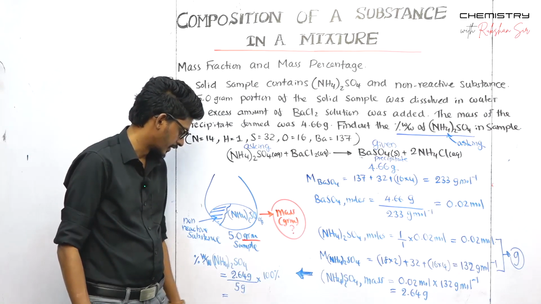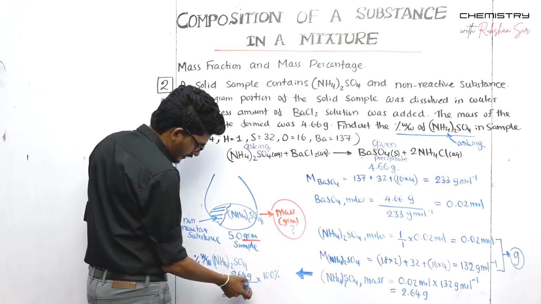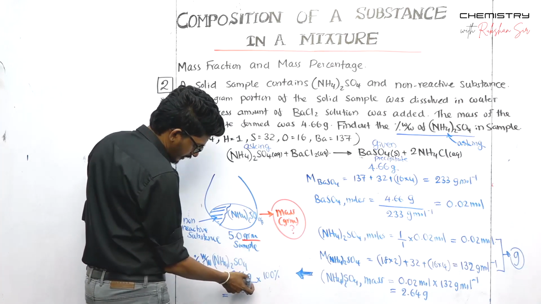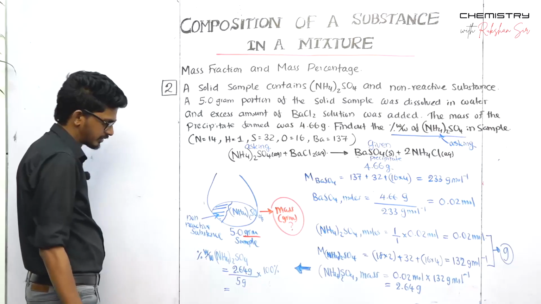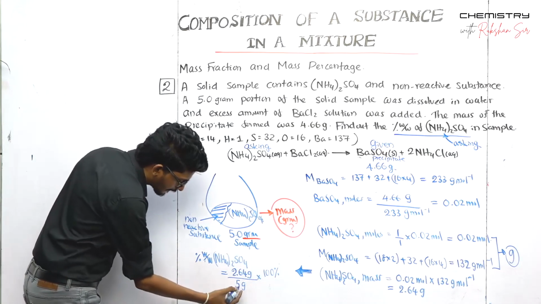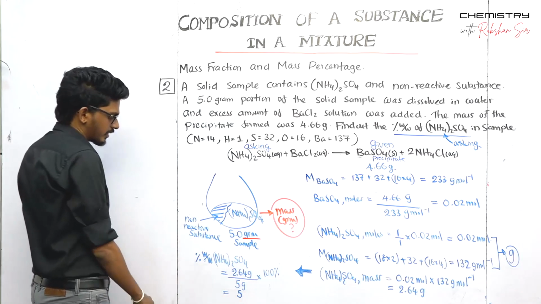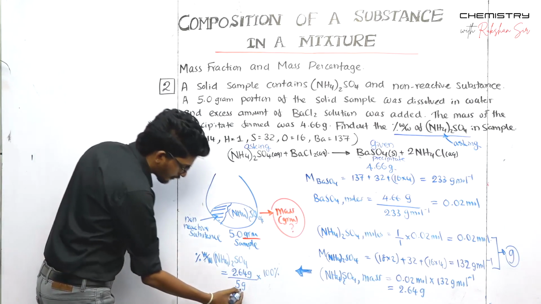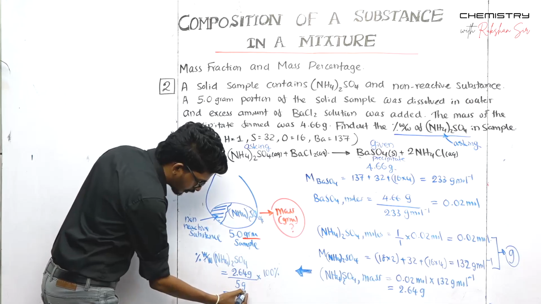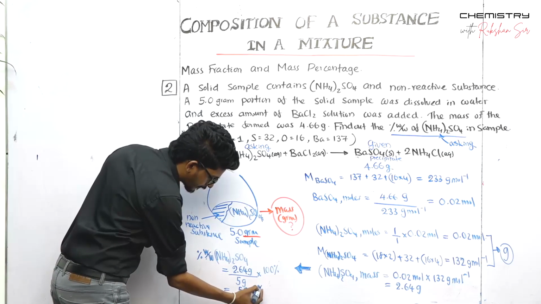You are with 264 divided by 5. So it is going to be 52.8.